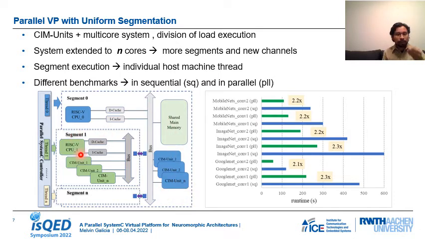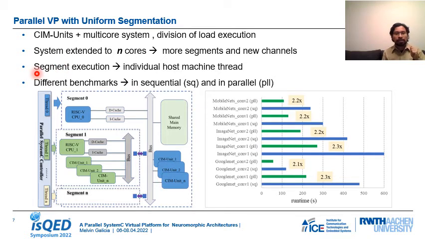Segment 1 has another RISC-V and its corresponding computing memory units. So now we brought our virtual platform into a multi-core system. And in order to continue instantiating more cores, we just need to instantiate more segments and create new channels within those segments. That is a very easy way of making the whole system multi-core.